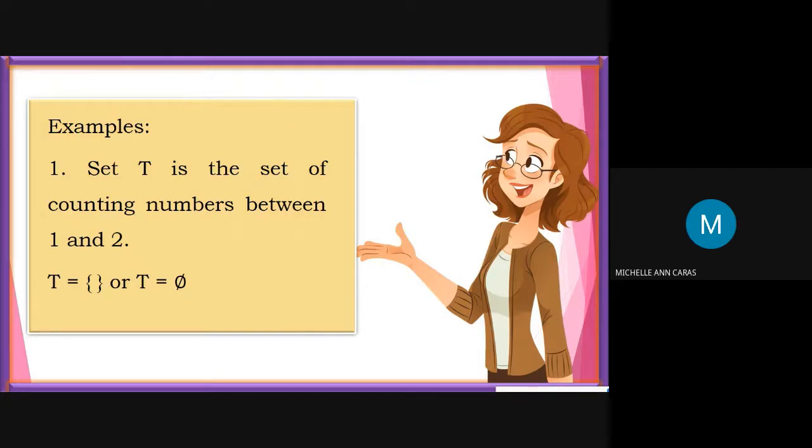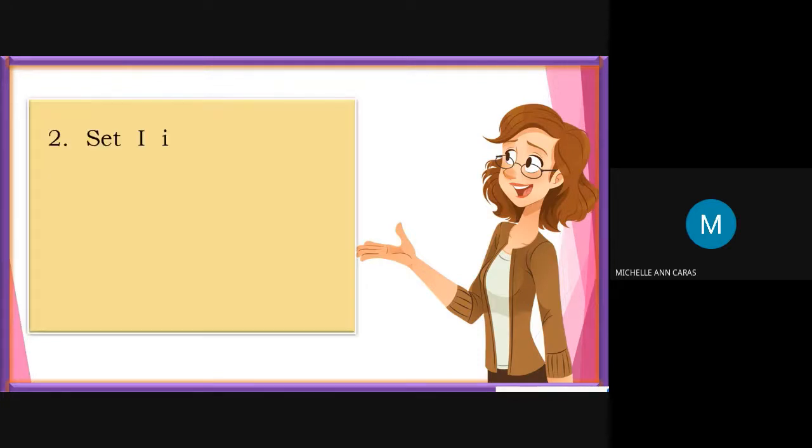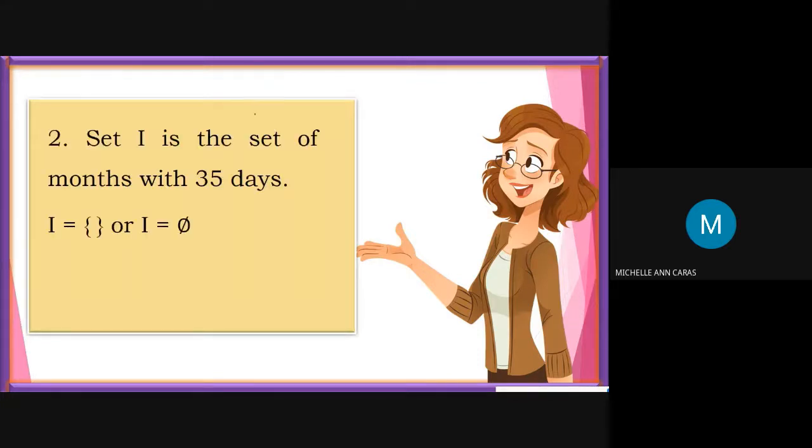Okay, next, number 2. Set I is the set of months with 35 days. Okay, the same thing, class. Ang answer ta diri sa set I is still an empty set or a null set.